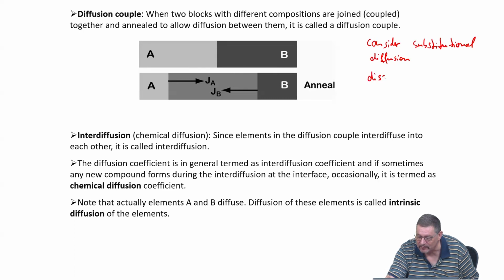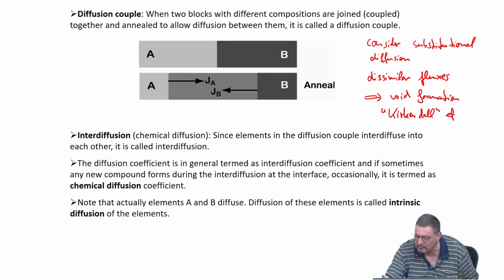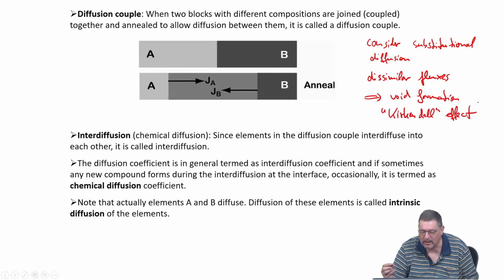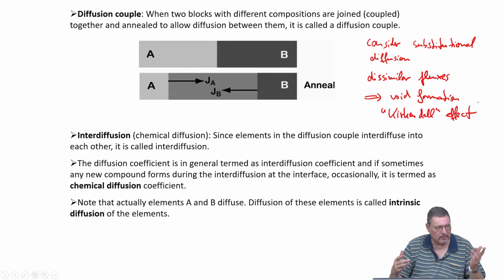So it means when you have dissimilar fluxes, you have void formation. And that's, again, something which is important for applications because you often have dissimilar joining in applications.